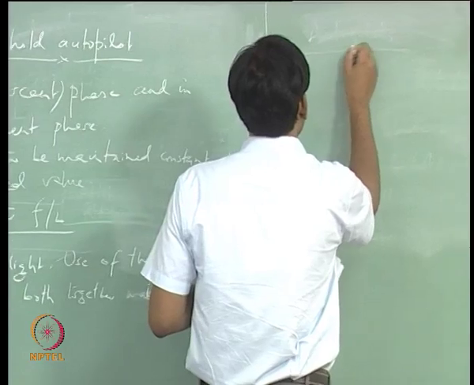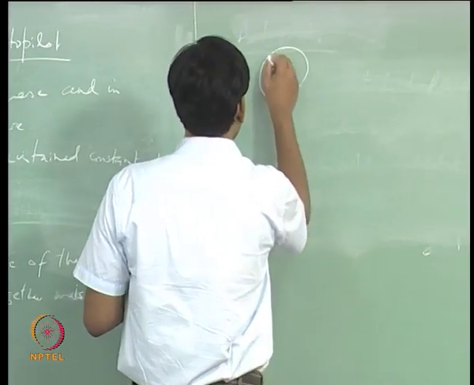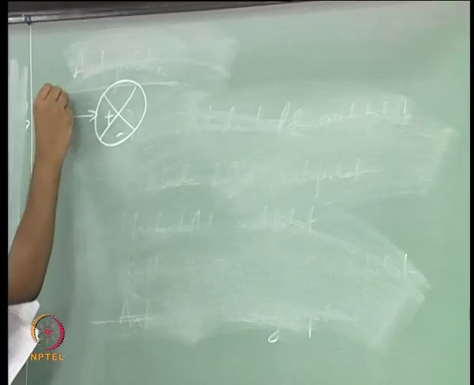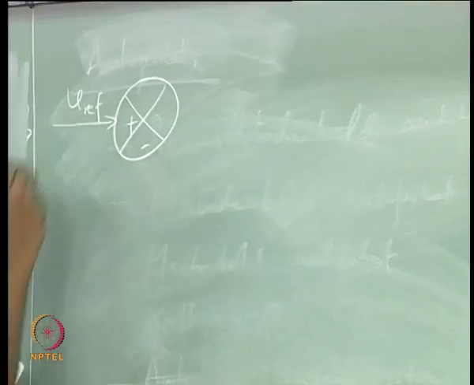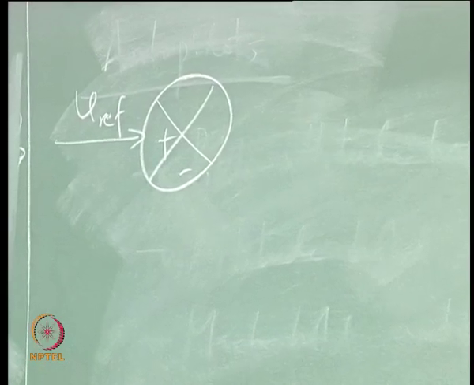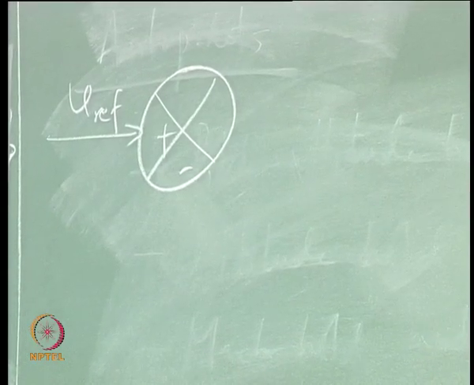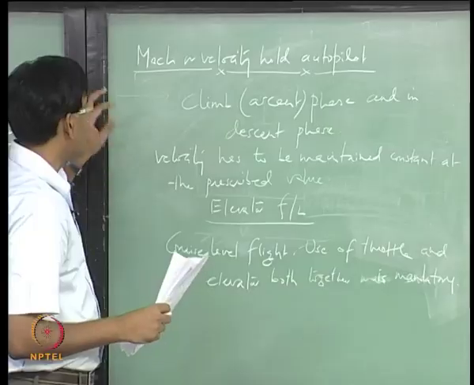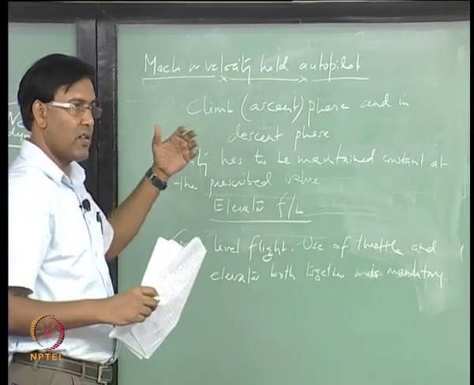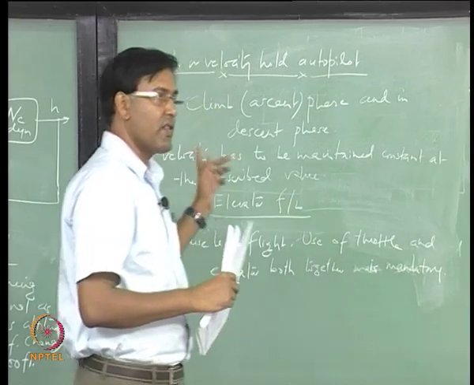So, it is similar to what we have drawn earlier. So, you have to remember that each of these autopilots are for a specific purpose. So, if you are trying to hold the velocity here, it can only hold velocity and it is not going to do anything else.